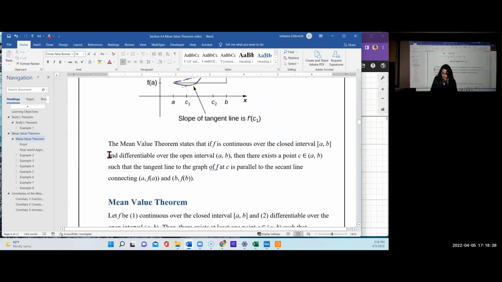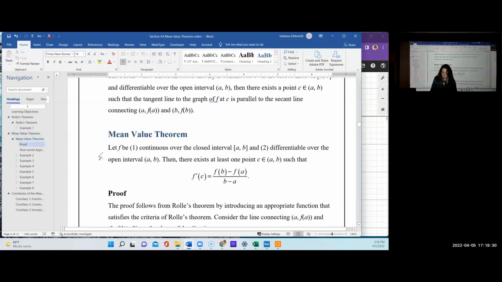So here is the statement of the mean value theorem. Let the function be, number one, continuous over the closed interval from a to b, and two, differentiable over the open interval from a to b. Then there exists at least one point, maybe more, but at least one, between open a and open b, such that the slope of the tangent line, f prime of c, is equal to the slope of the secant line.